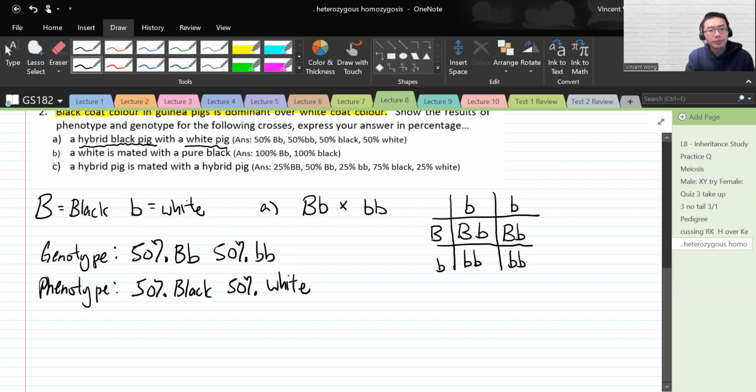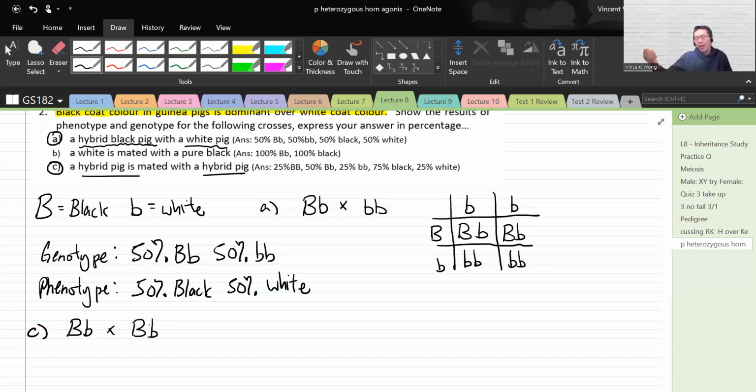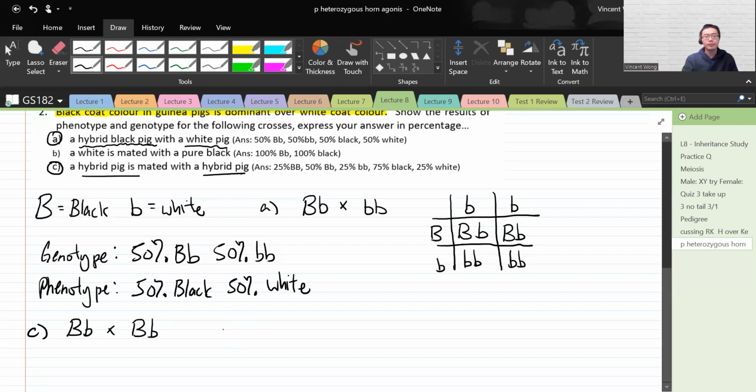Let's do one more here. Let's do the C here. Hybrid pig is mated with a hybrid pig. Hybrid means different, right? Heterozygous. So we are taking big B, small b, crossing it with another big B, small b. Whenever you have a hybrid pig, it's gonna be black. It's the big B that's gonna show up, right? So once again, we're gonna do the Punnett square.